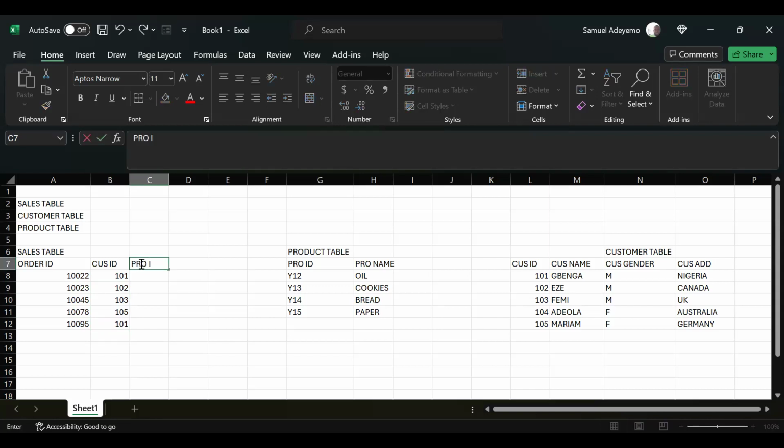On every order, there must be a product that was bought, right? So let's say Y15 was what was bought, that was the paper. We have Y13, right? We have Y15 again, right? That means that product was bought 2 times. We have Y12, right? And we have Y14.